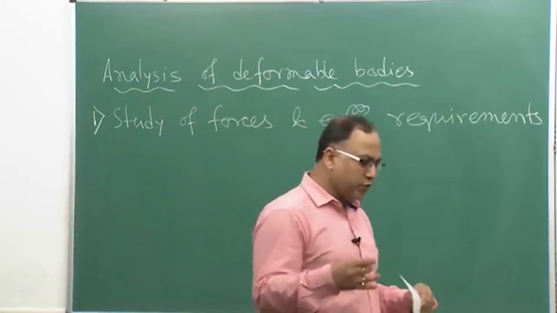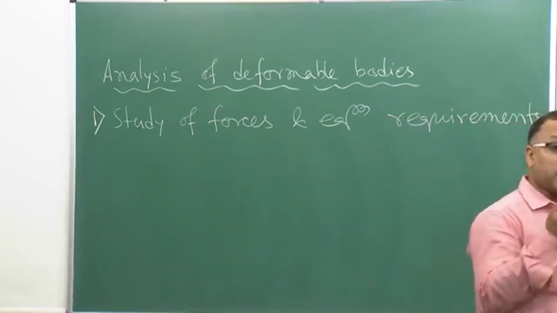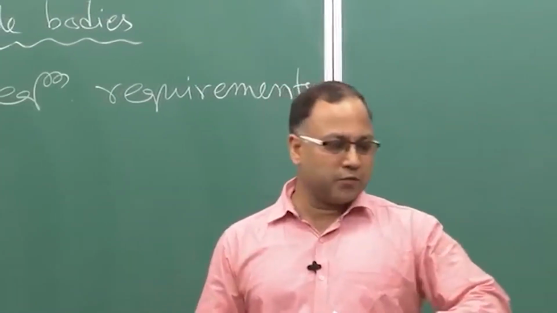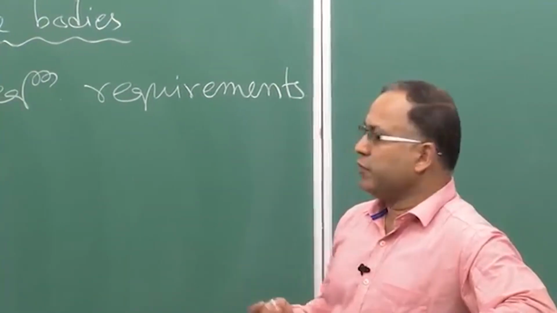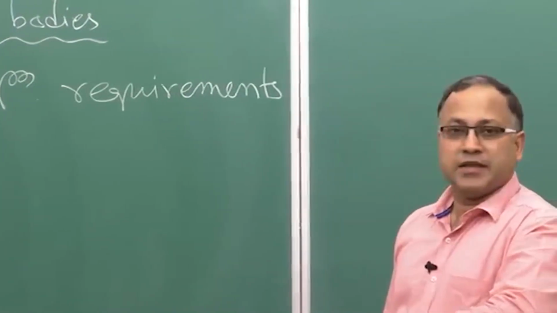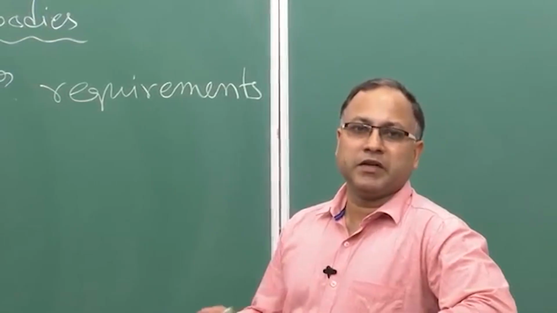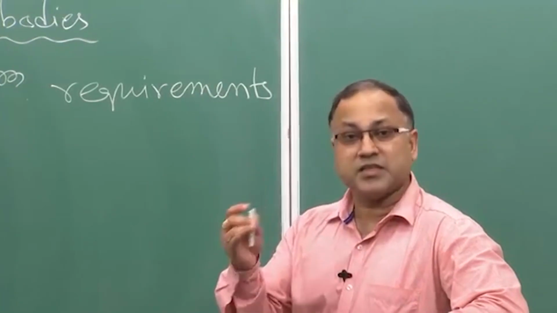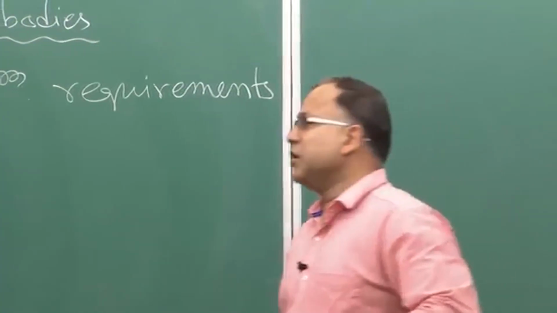Any system if you get, first you study what the different forces are that are coming. For that you need to draw the free body diagram. Once you draw the free body diagram, it will be very clear what forces are acting on that particular body or system, and then of course, what the different equilibrium requirements are, by which you can satisfy the conditions of equilibrium.